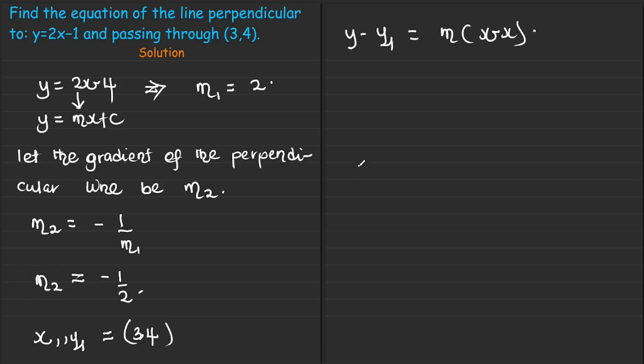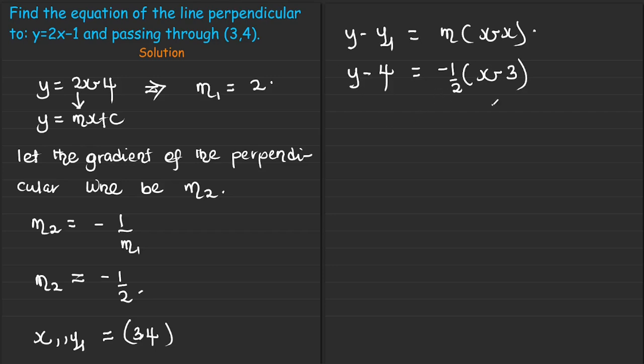So substituting, we have our y, then minus y1, which in this case is 4, equals our gradient, which is negative 1 over 2. Then we have x minus 3, 3 from the coordinates we were given. We then want to write it properly so that it looks like the slope-intercept form.